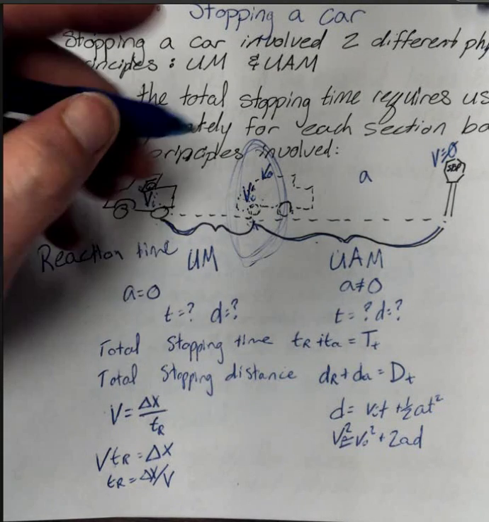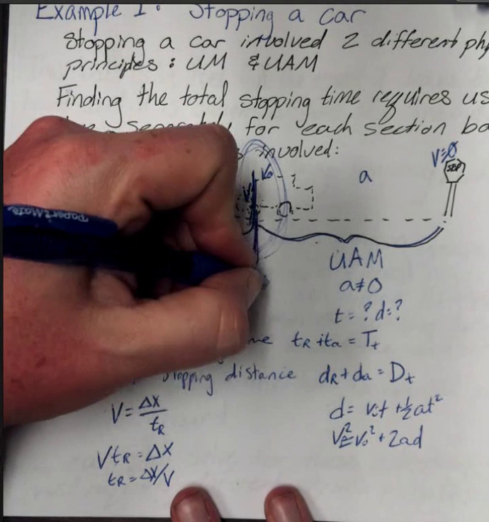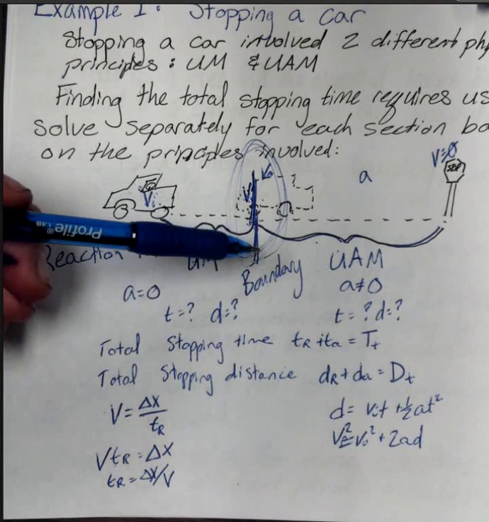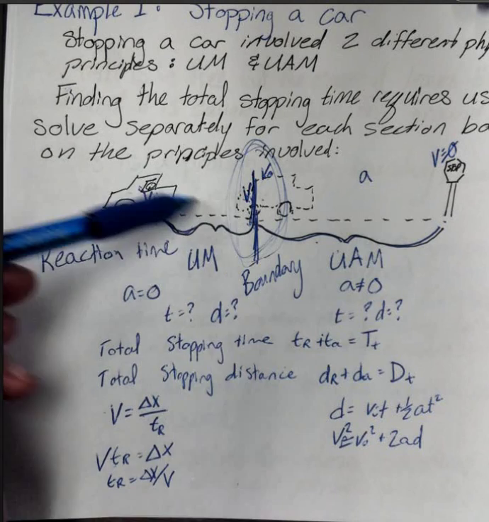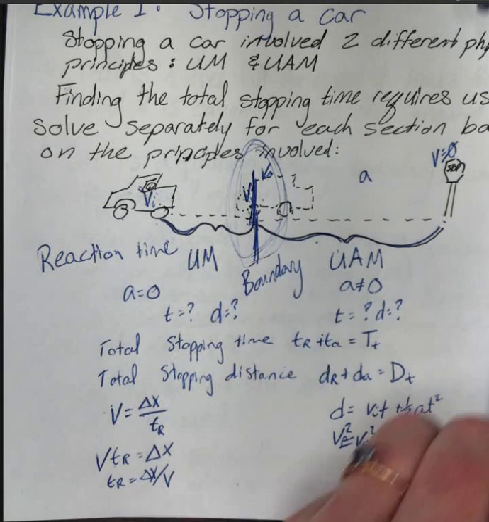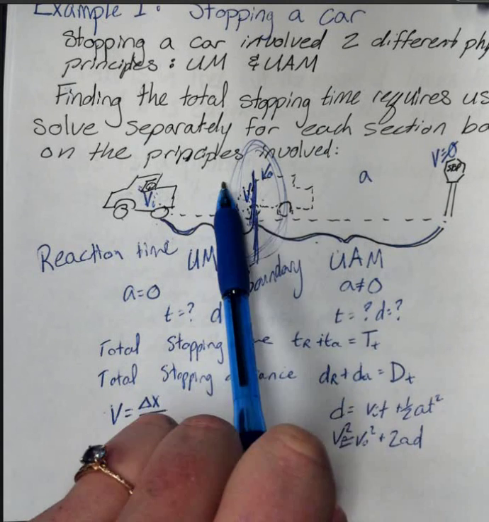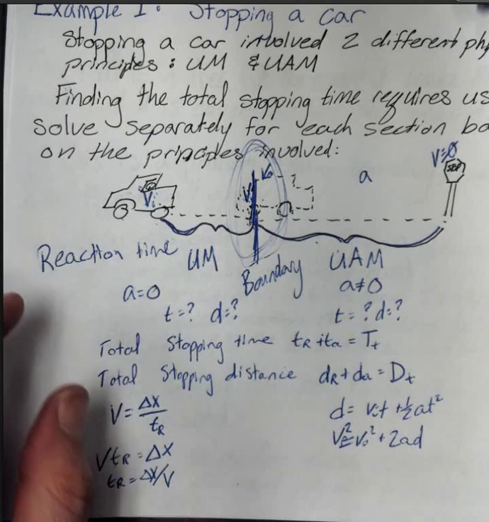All right, and this right here, this is a boundary. It's the boundary to your problem where you have a different physics principle that applies over here than the physics principle that applies over here. But the information here is the same for different components of both. And that's your boundary in this problem.